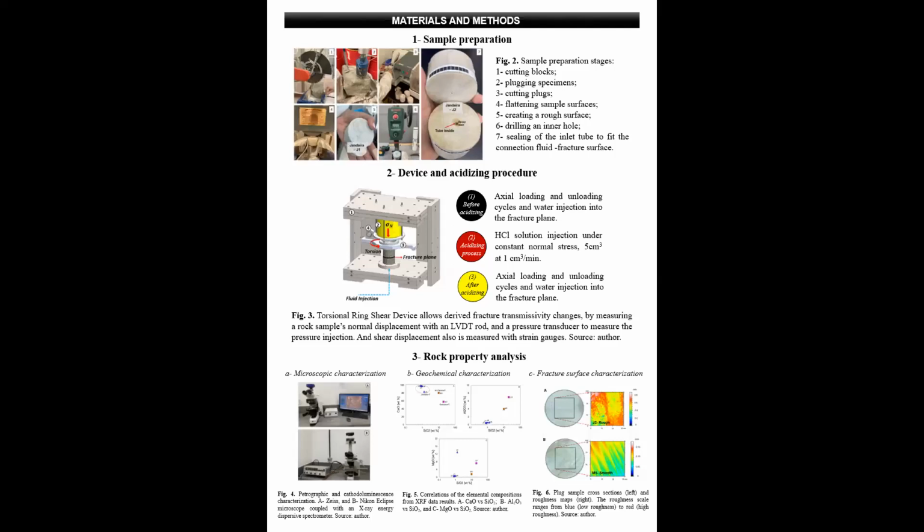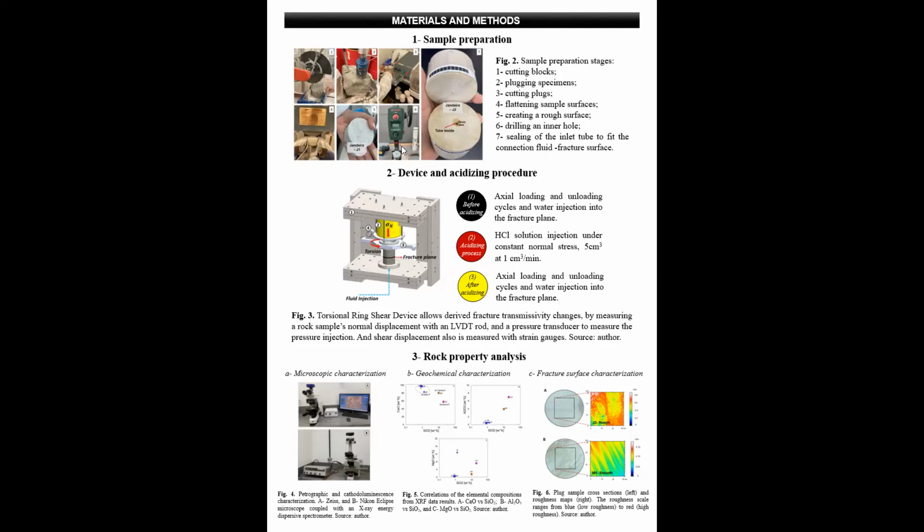Regarding the materials and methods, I started with the sample preparation that involved this process. I cut the rocks into plugs of a specific length, I flattened the sample surface in one plug, and in others I created a rough surface.